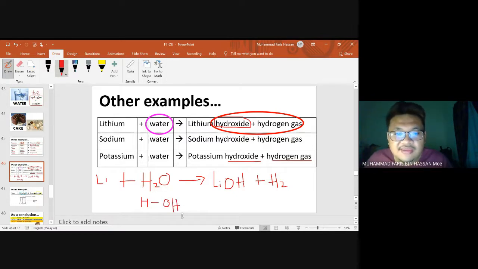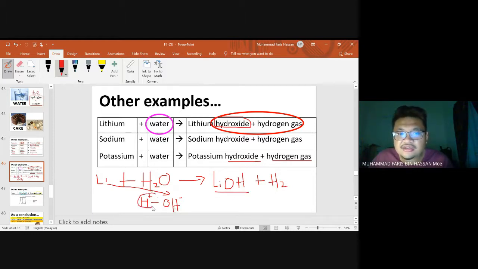OH is hydroxide, H is hydrogen. This is the hydrogen ion, H plus. This is the hydroxide ion, which is OH minus. This lithium is in positive charge, in chemistry. So I just want to explain to you why water will become hydroxide. Lithium will react with the hydroxide ion, so it will form lithium hydroxide.